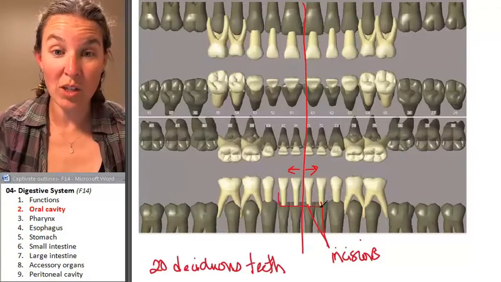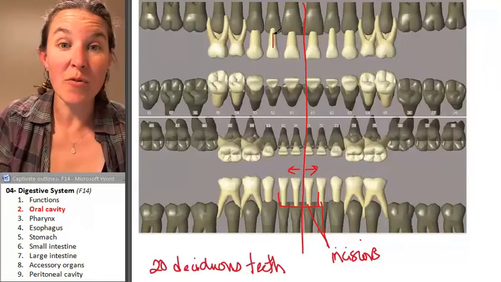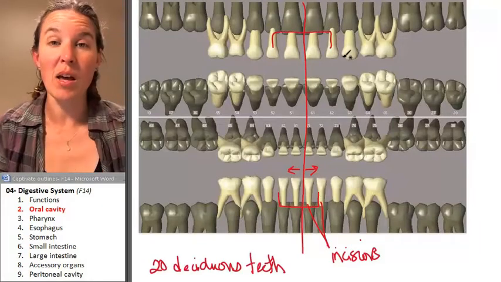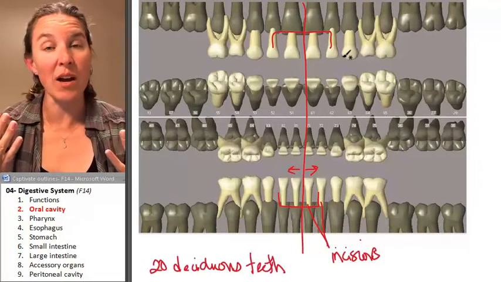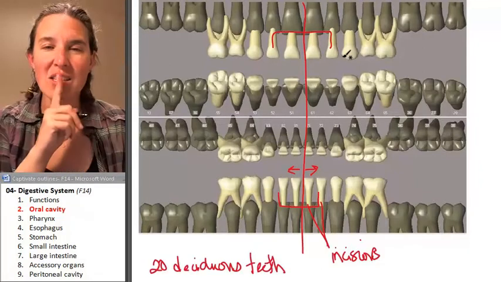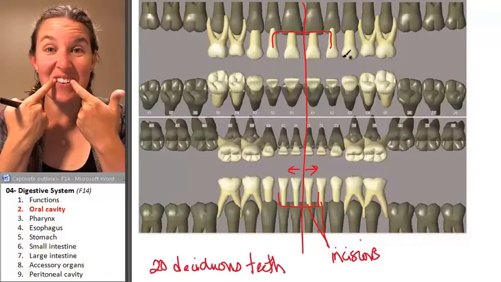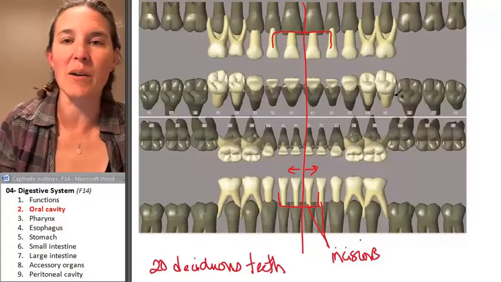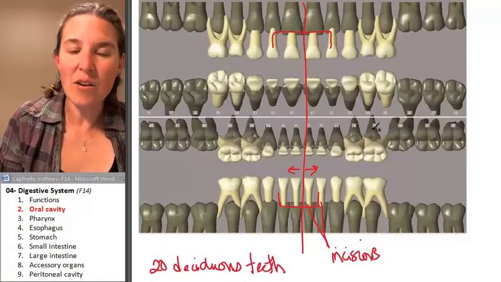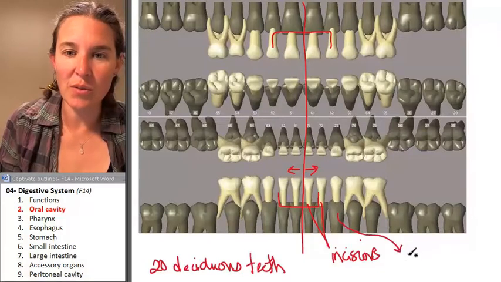All told, you have 4 incisors on the bottom, and you have 4 incisors on the top. When I'm looking at a skull and trying to identify what tooth we're talking about, I start in the midline. I know that the 2 teeth lateral to the midline are going to be incisors, and I basically count from there. The next friendly tooth in line is actually called a canine tooth.